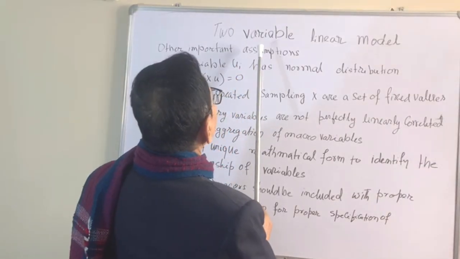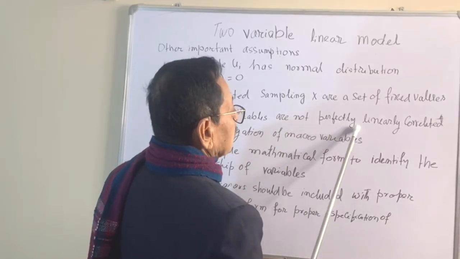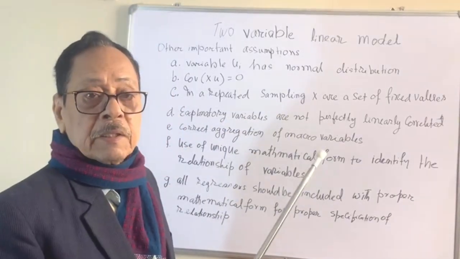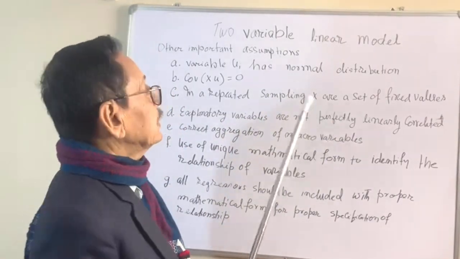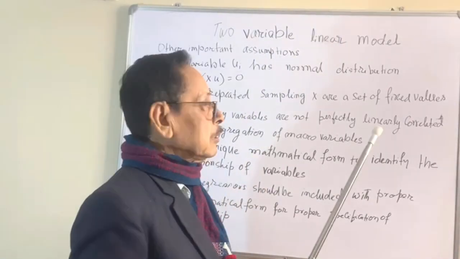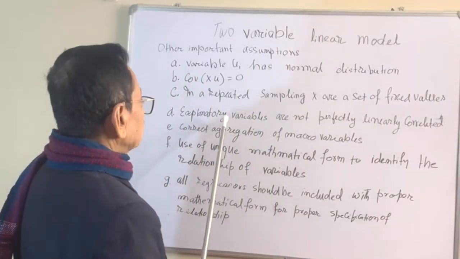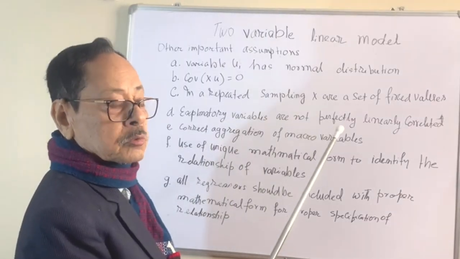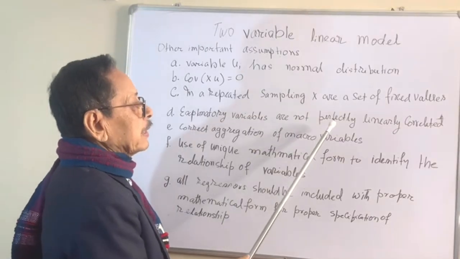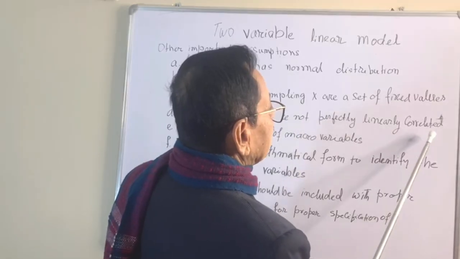Of course, in a two-variable linear model, it has not much relevance, but when explanatory variables are many, that means the multi-variable case, it is assumed that the explanatory variables x1, x2, and so on to xn are not perfectly linearly correlated.